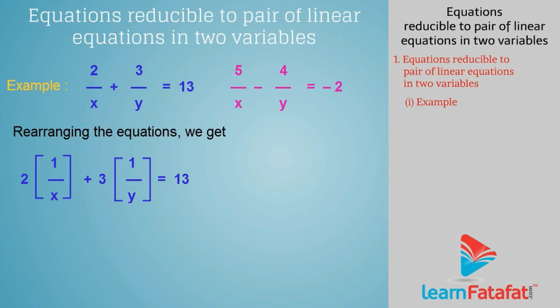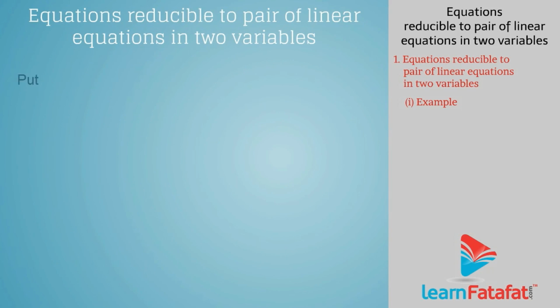Example: rearranging the equations, we get 2 into 1 by x plus 3 into 1 by y is equal to 13 as equation 1. 5 into 1 by x minus 4 into 1 by y is equal to minus 2 as equation 2. Put p is equal to 1 by x and q is equal to 1 by y in equations 1 and 2.